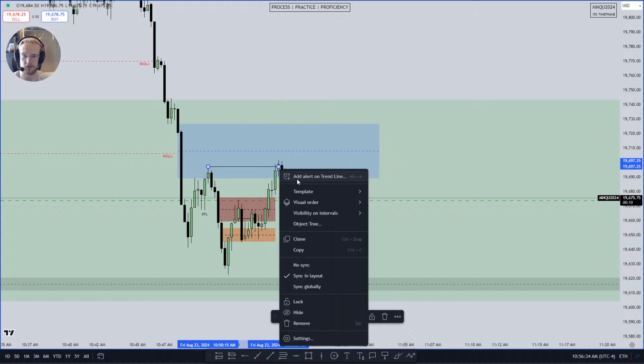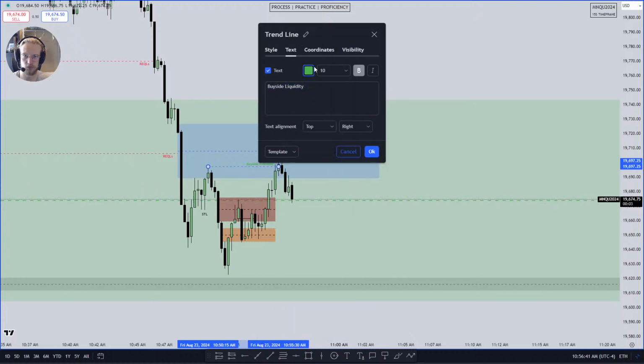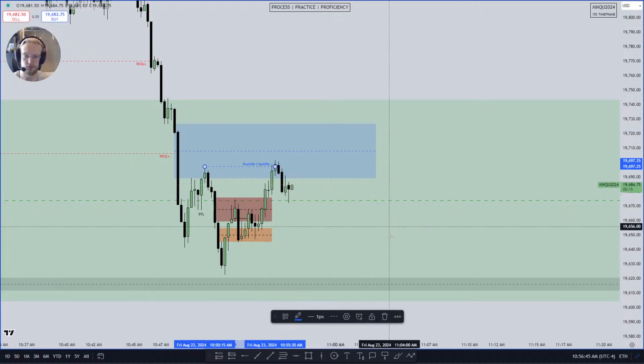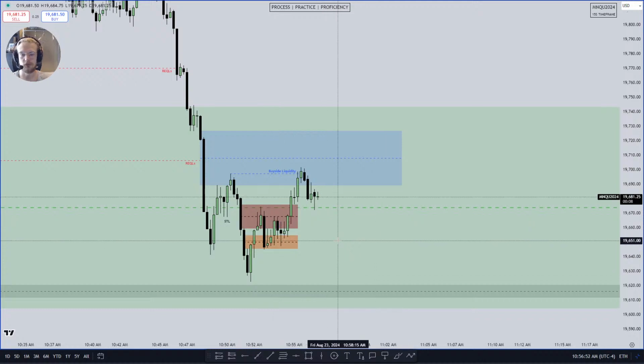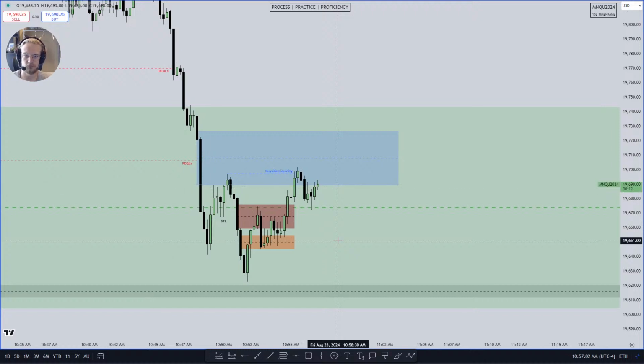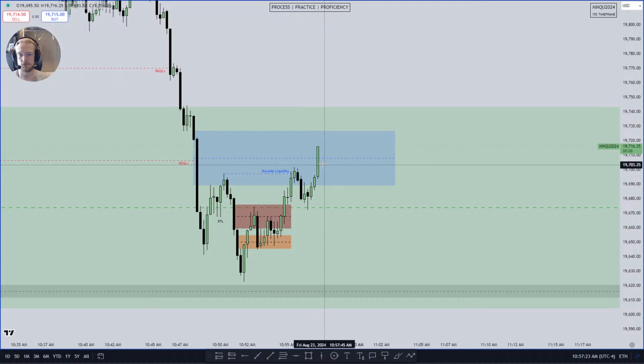This is the one I'm talking about. Consequent encroachment of this gap.